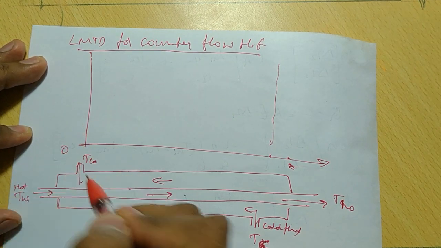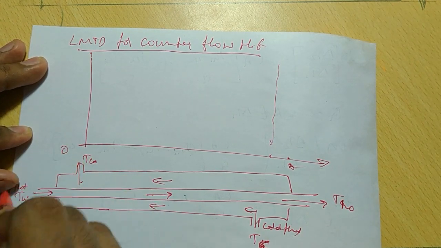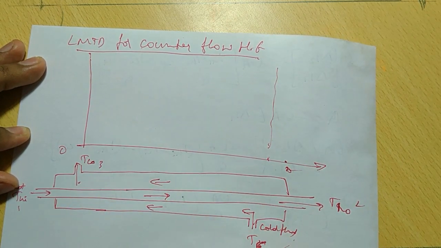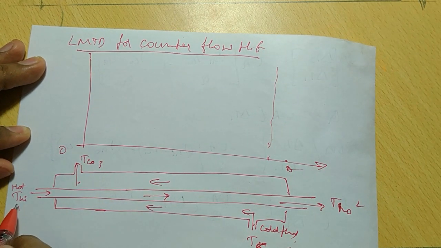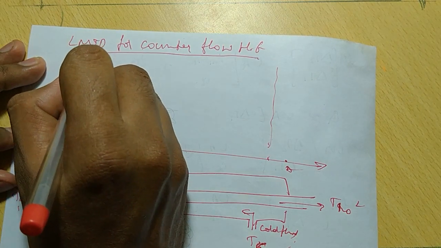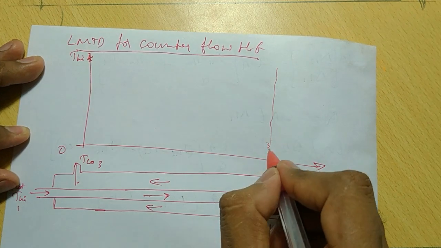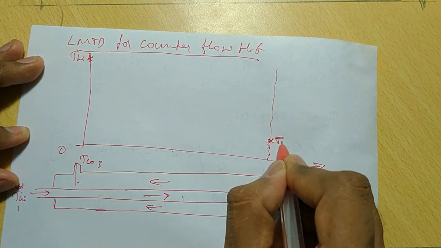At this section, the hot fluid is entering. Of these four temperatures, THI is the highest temperature, so I represent THI here. In the same way, TCI is the lowest temperature, so I represent TCI.